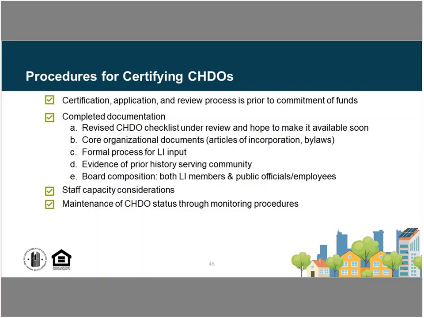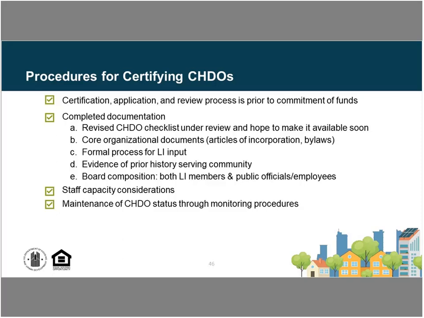I mentioned things like the low-income representation with the board. A lot of you need a little bit more process on how am I going to determine which of these board members actually are the low-income representatives and what documentation do I expect to be submitted. So all those things are things that are captured within your policies and procedures. And so all of that needs to be planned for up front so that you're sure that you have that in place.